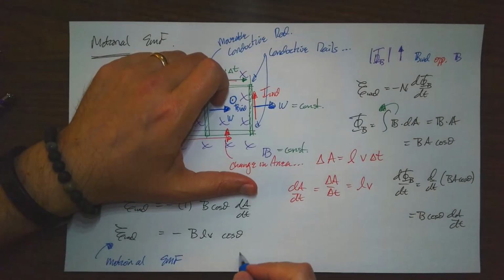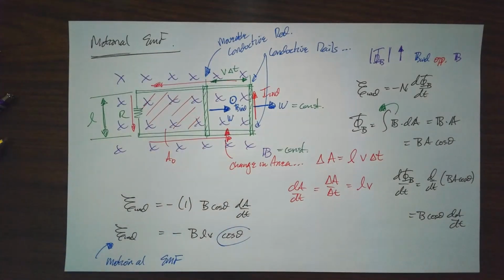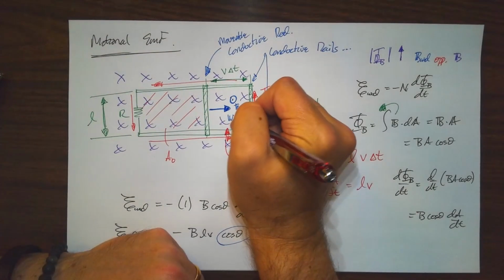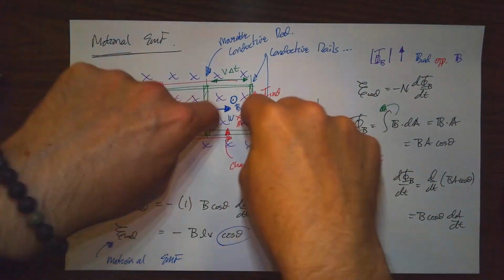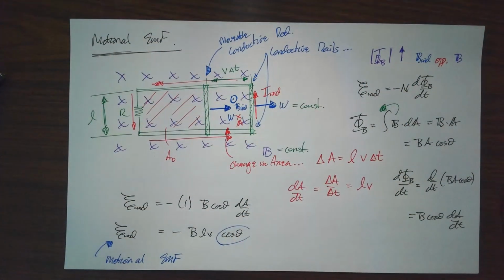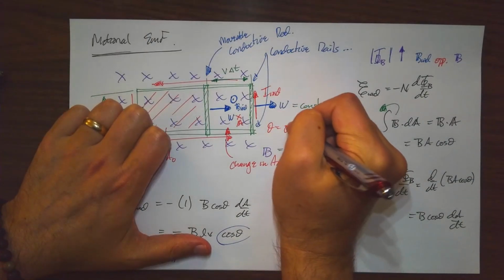Okay. And to get our theta, we'll go ahead and pick our area vector. Do you want the area vector either in or out of the page? In. So if we pick that A goes in, like this, then A goes in, B goes in, so my initial angle is going to be 0 degrees.